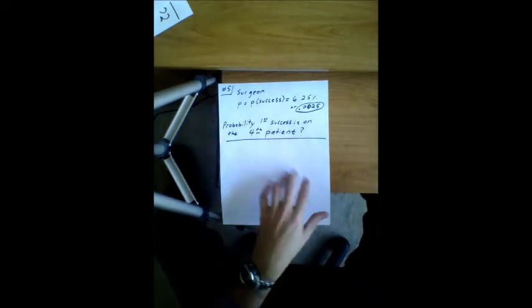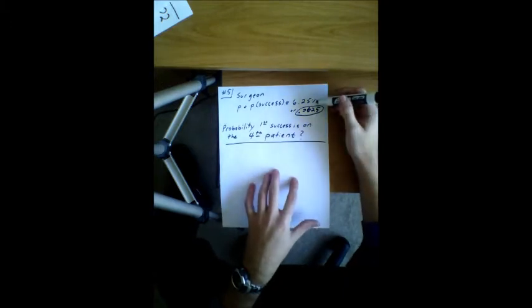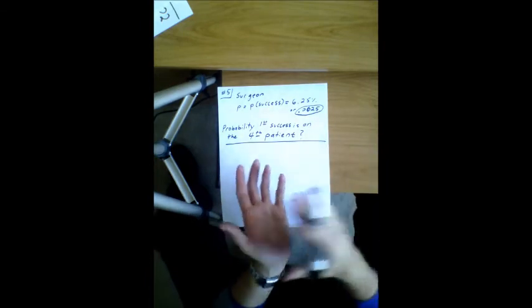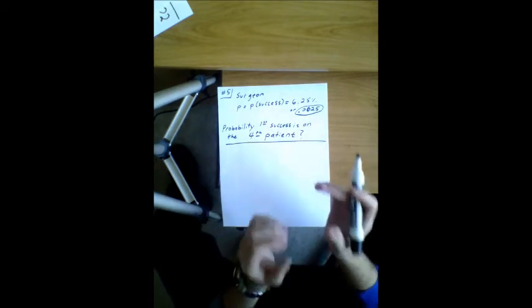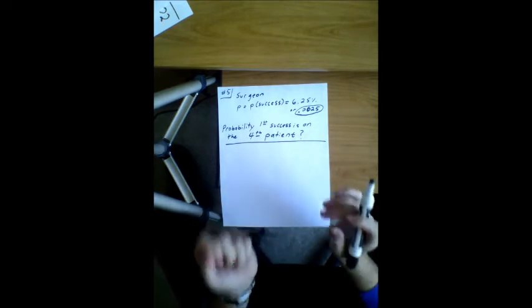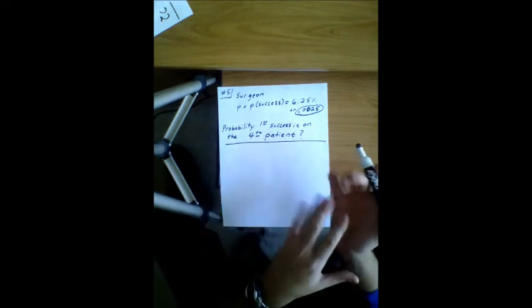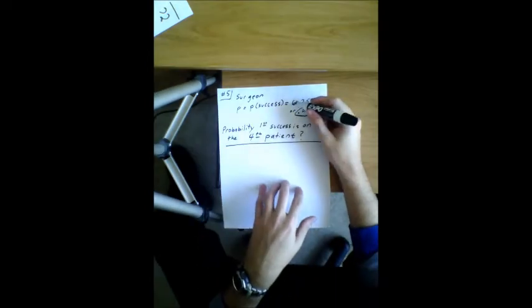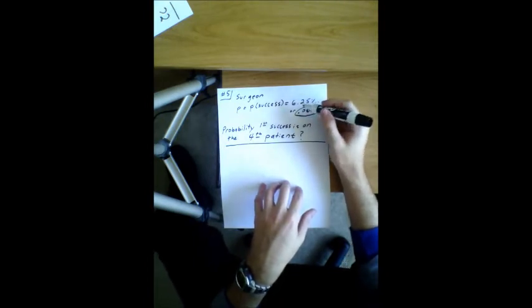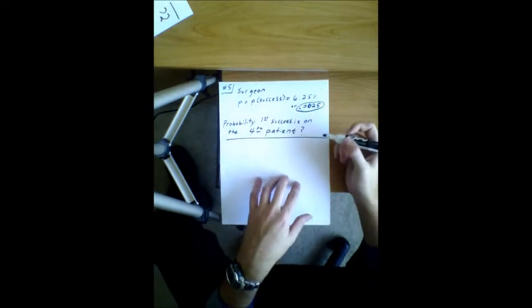Each trial, however, has the same success, and it could be a success or a failure. That means each patient is a Bernoulli trial. It could be a success, could be a failure. And they all have either 6.25% of success or 93.75% of failure.